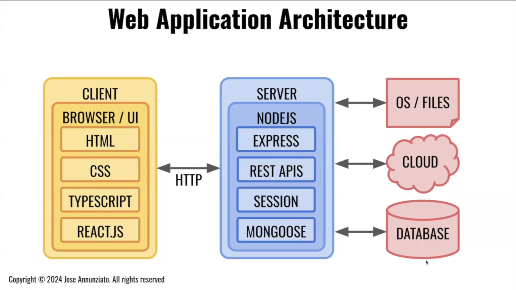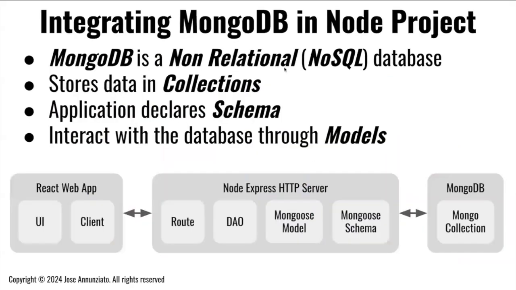And what we're going to do today is create a database and integrate with it from our Node.js server using a library called Mongoose. So we're going to be using MongoDB. It's one of several non-relational databases or NoSQL databases.